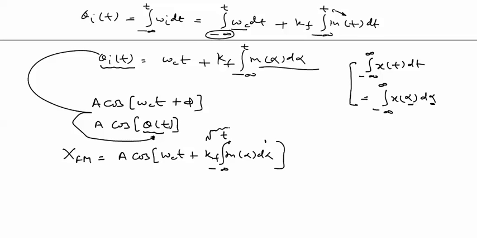From the definition, this is the correction amount from the unmodulated carrier. We can calculate the frequency deviation also. Maximum frequency deviation, already discussed, is kf times the maximum of m(t).